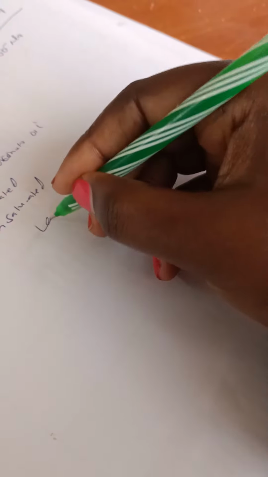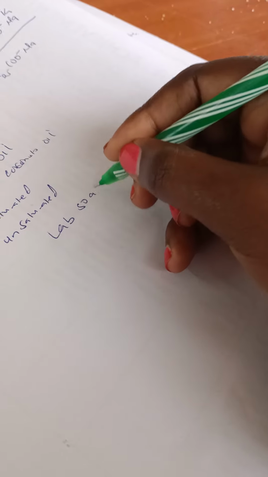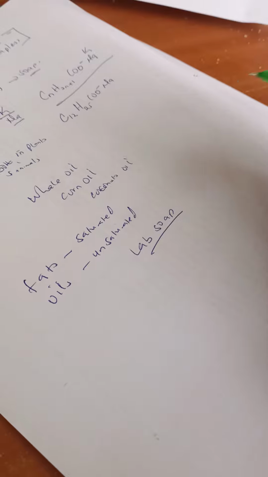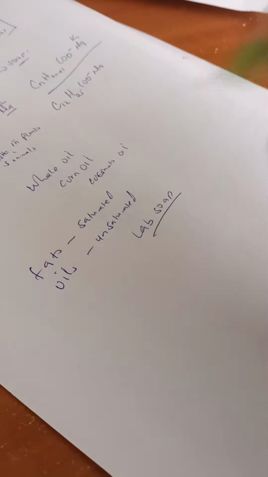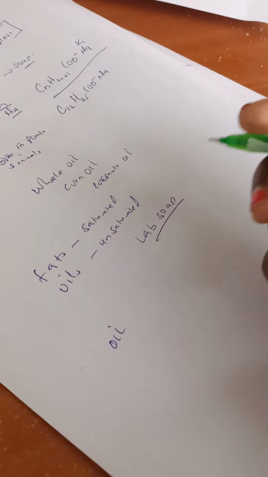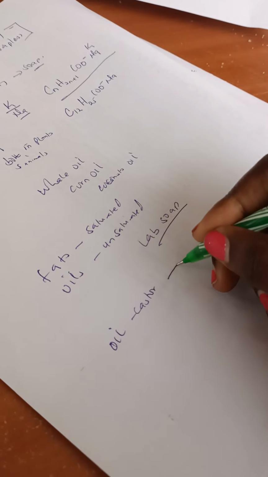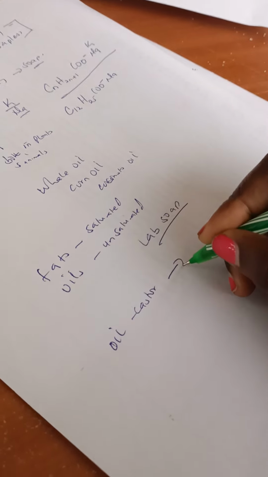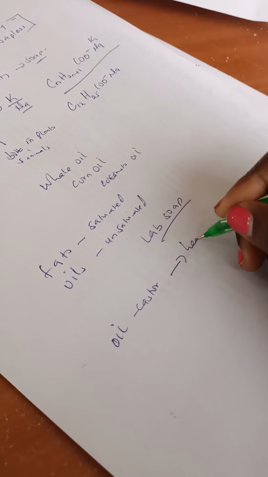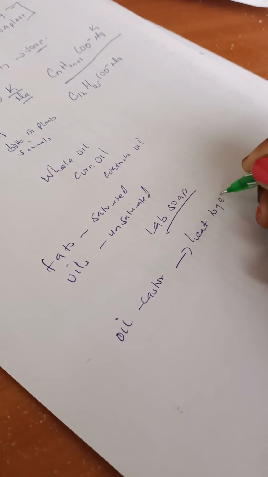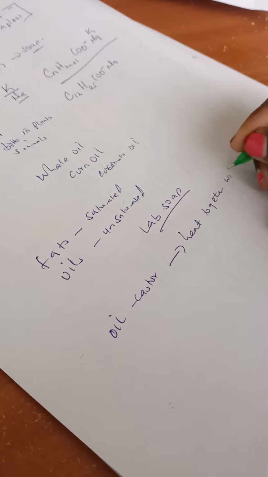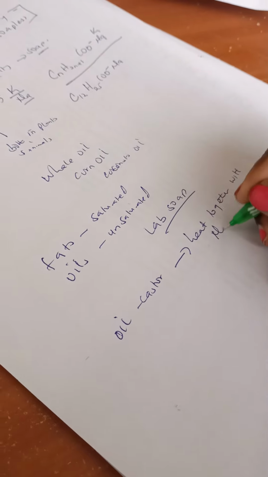Lab preparation of soap. How do we get soap in the lab? We take an oil, whichever oil, for example castor oil. Then you heat it together with sodium hydroxide.